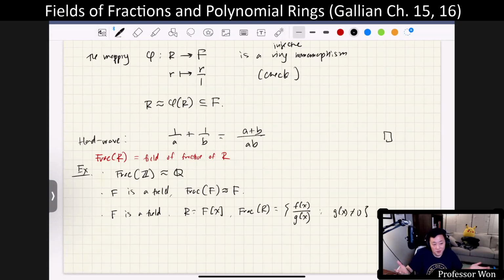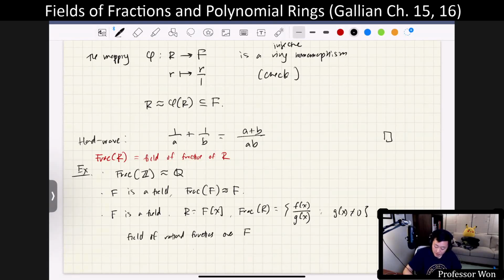So it's all polynomials over polynomials where the denominator is a non-zero polynomial. From calculus, that's just called a rational function. So this is called the field of rational functions over F, or with coefficients in F.